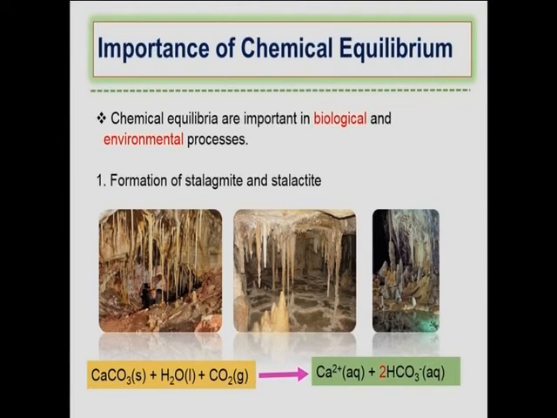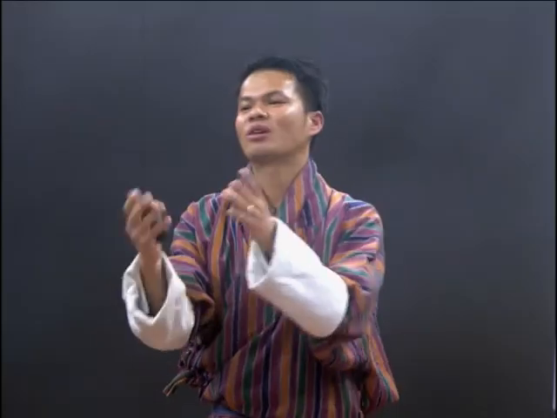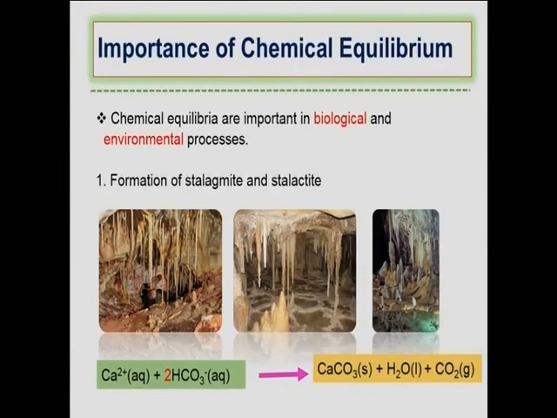Now as the concentration of calcium bicarbonate increases, there is a disturbance in its equilibrium. So the reverse reaction will take place now, because the concentration of the calcium bicarbonate is more.